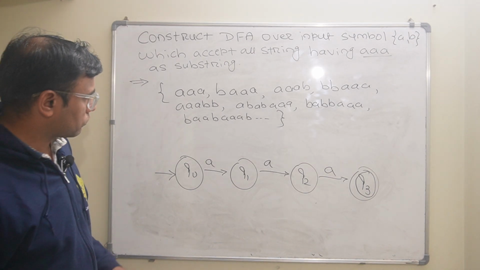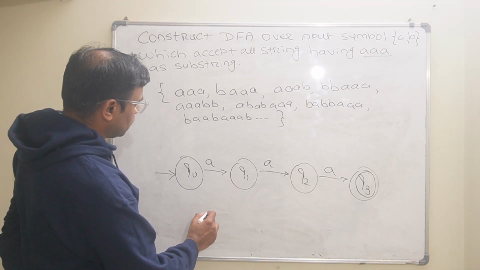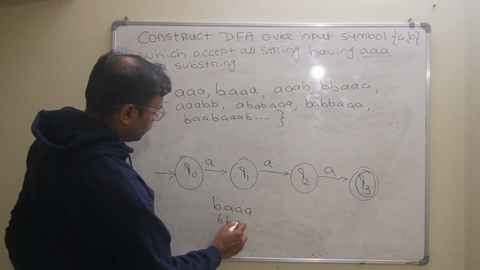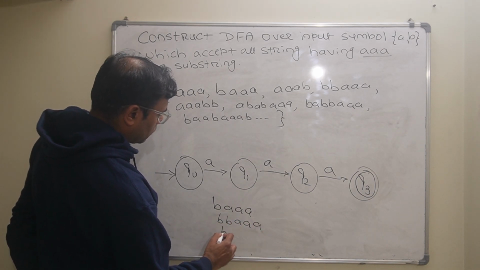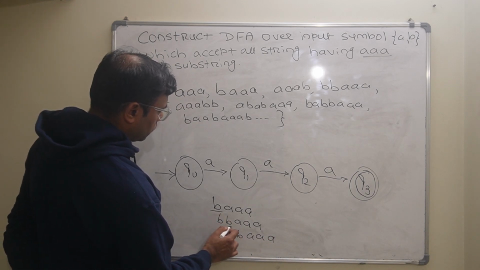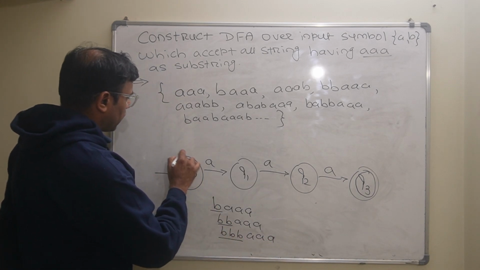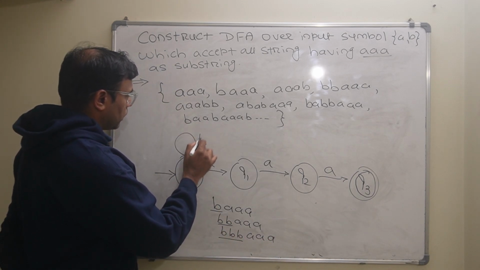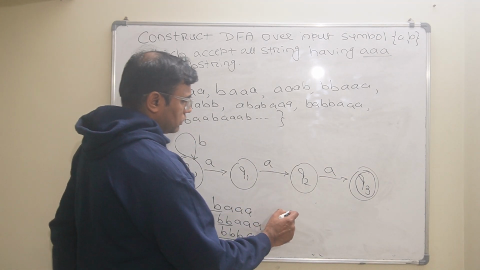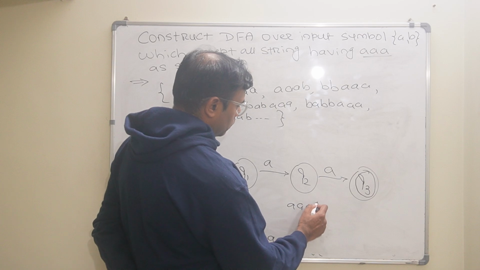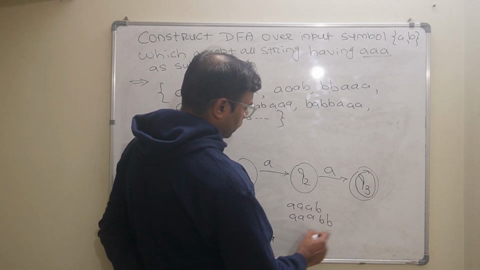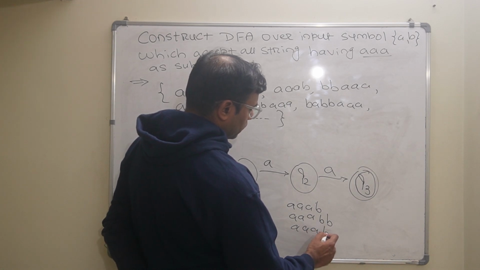Now the next possibility can be BAAA, then BBAAA, then BBBAAA. So it will start with any number of B. So here I can apply a loop of B so that it can accept any number of B. Then the string can end with any number of B, so BBBA, AAAB, AAABB, AAABBB.